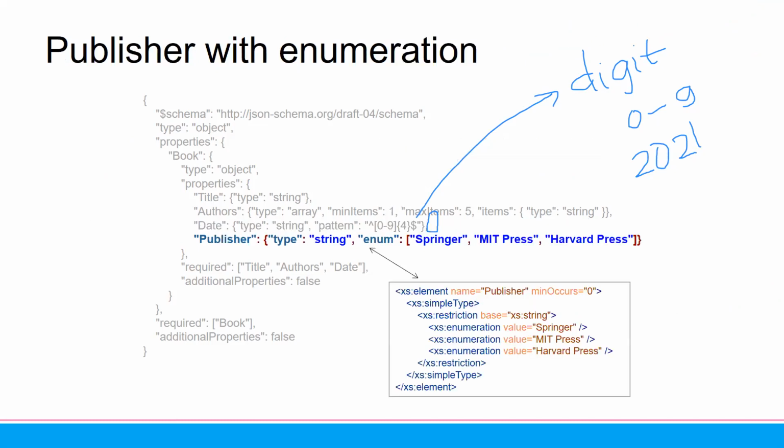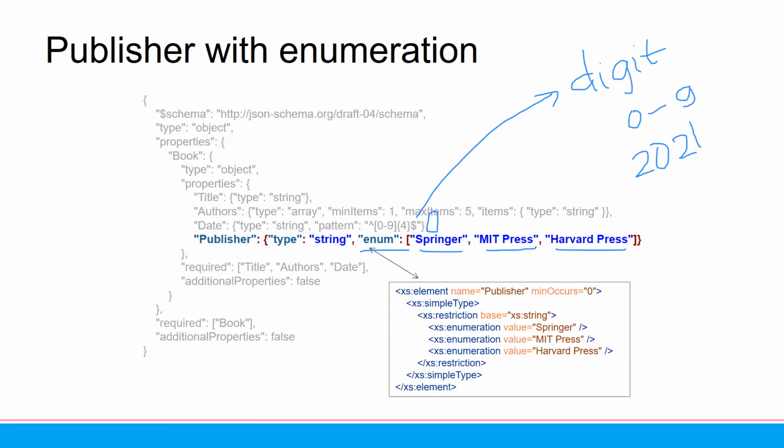And we want to see the publisher. Let's say we already set the publisher into some list. So the publisher will be only these 3 selections, whether it is Springer or MIT Press or Harvard Press. That's why there is this kind of way to define the selection. We can define it in the schema.